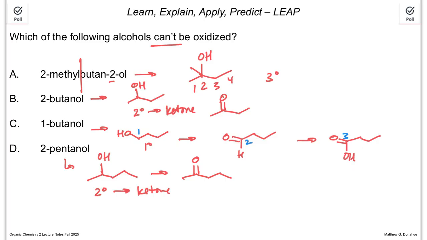So just to kind of recap, your primary and secondary alcohols, in the IR, you're going to see that broad OH stretch. When the oxidation occurs, that goes away, and then you're going to see a carbonyl stretch between 1700 and 1800.